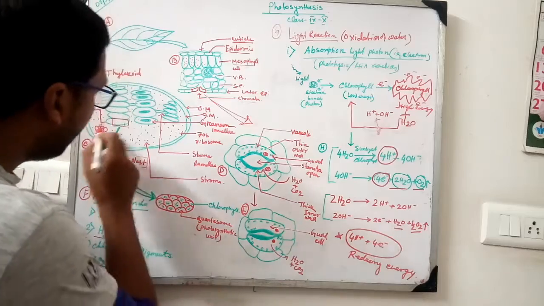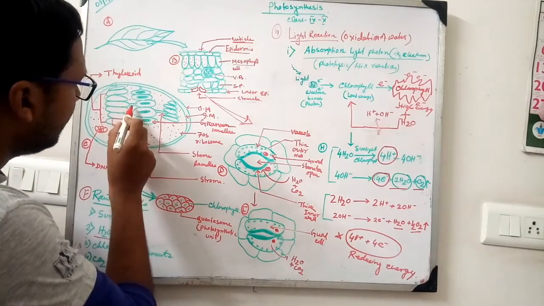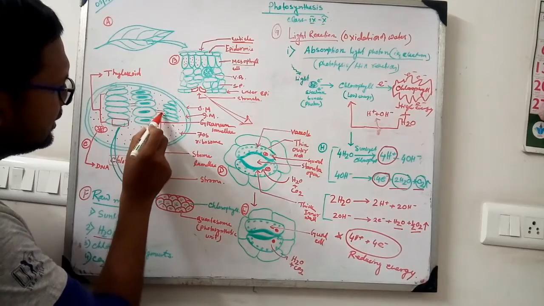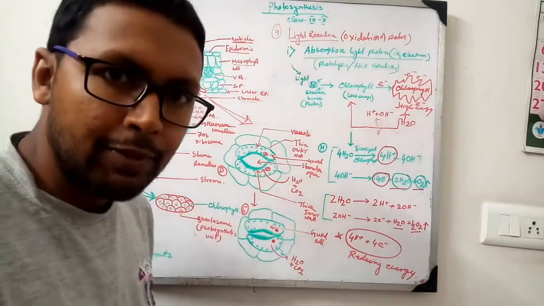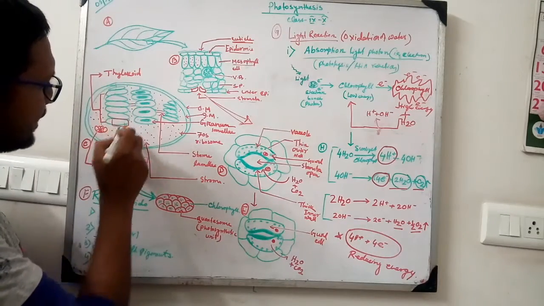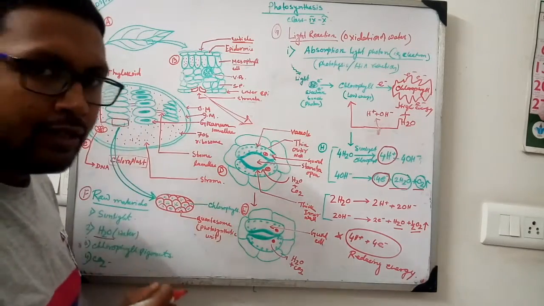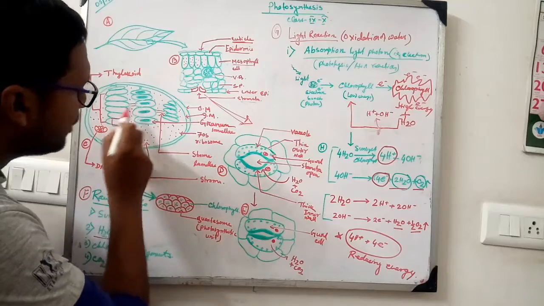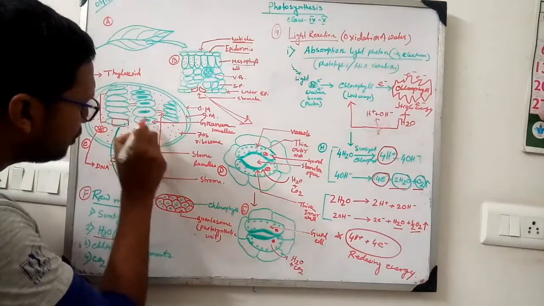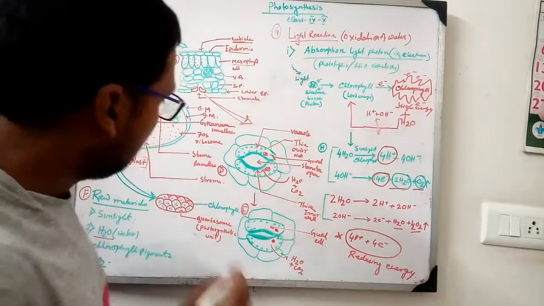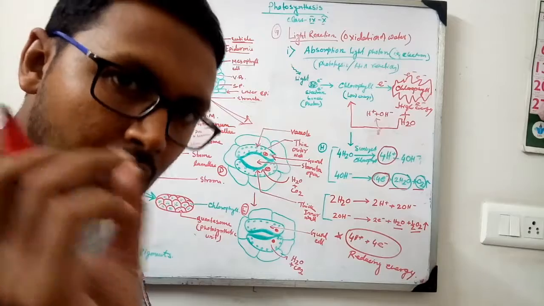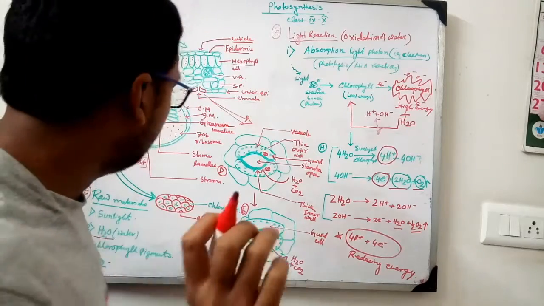And between the thylakoids there are small, narrow connections. These are called stroma lamellae. So the stacking structure is called thylakoid, the connection between the thylakoids is called stroma lamellae, and each individual thylakoid is called granum or granum lamellae.